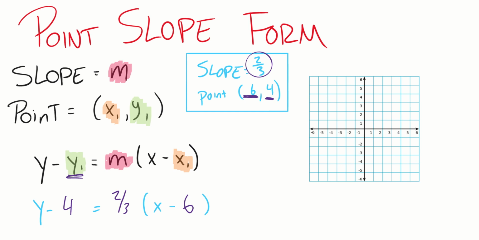Now, you might notice my point was both positive numbers. But when I write my equation, they end up looking like they might be negatives. And that's okay. These are not negatives. In point-slope form, subtraction means positive.